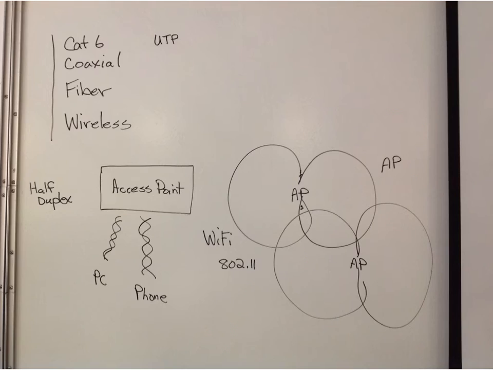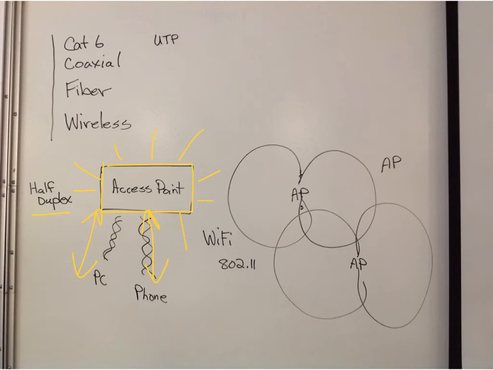Let's look at that. So we did some work. We connected to the access point, connected to PCs. We talked about our phones being connected and some key issues with that. That's half duplex. So as you get more and more people connected, it appears to slow down.